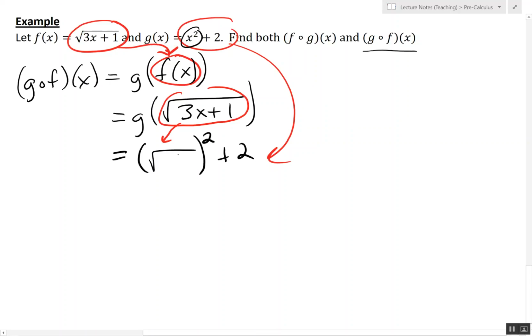So this is going to be the square root of 3x plus 1, squared. Now, the square root and the square cancel out and give you 3x plus 1, and then this plus 2 just comes along for the ride, and then we can combine like terms and get that 3x plus 3 is the answer.